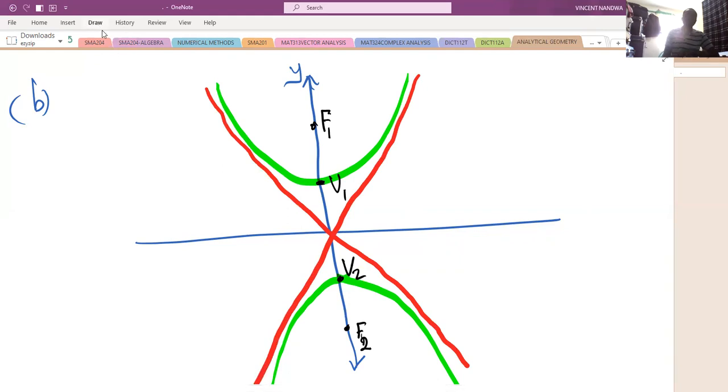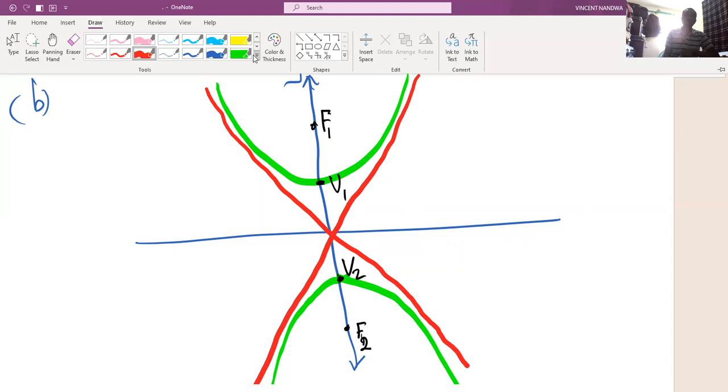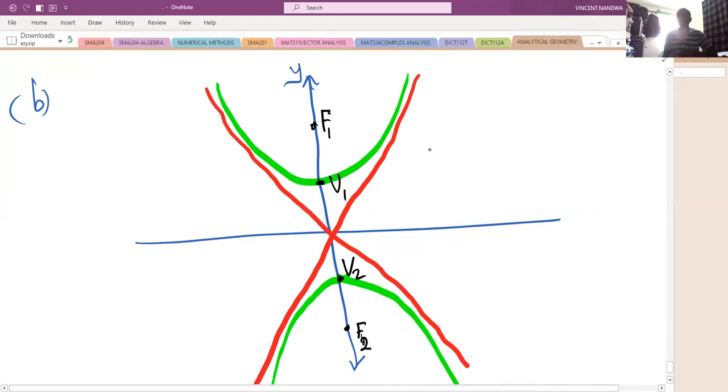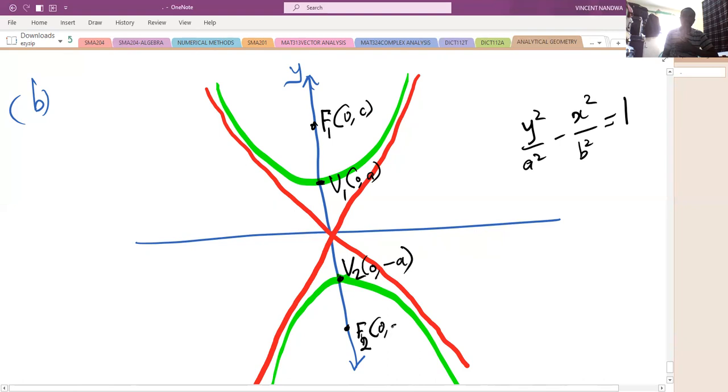So these are the asymptotes. We know that the equation of this is given by y squared over a squared minus x squared over b squared equals 1. So the coordinates of this are 0, c, this is 0, a, this one will be 0 comma minus a, this will be 0 comma minus c.